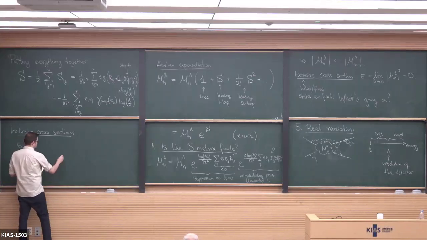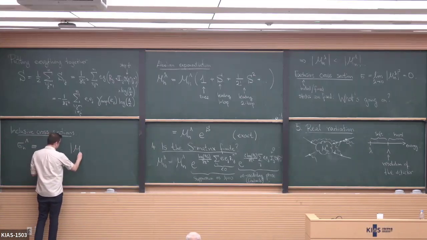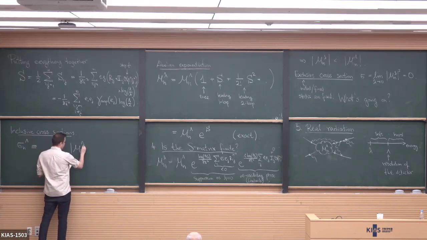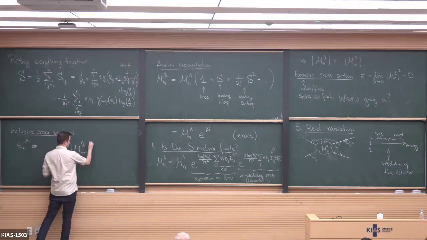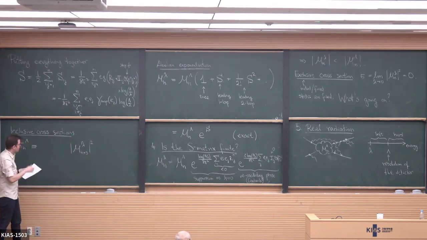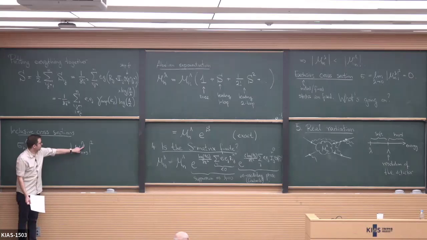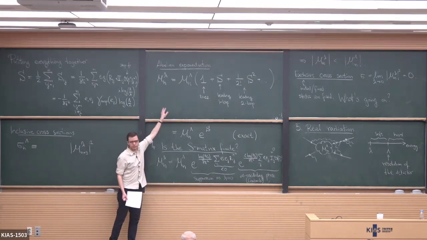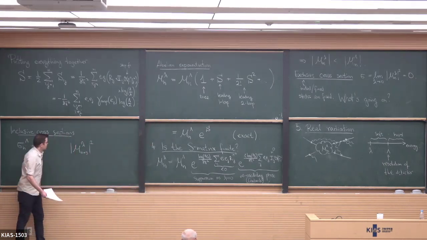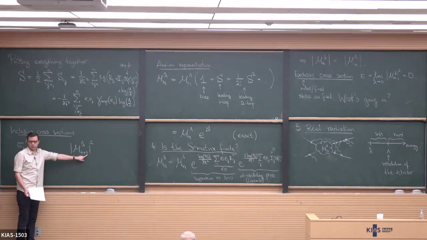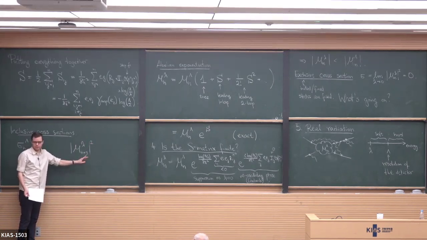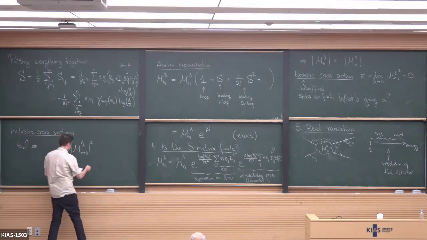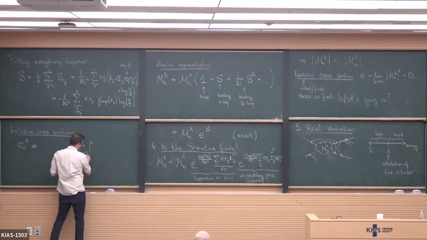The way we define it is as before: we have this matrix element, and since it's a cross-section, we square it. Because I called it lowercase lambda, this means that we've already included all the effects of the virtual radiation. And on top of that, I'm including also soft radiation in the final state.